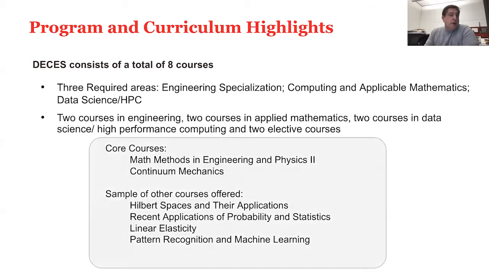So you'll end up taking 2 courses on engineering, 2 courses on applied math, 2 courses on data science / HPC, and then you will select 2 more elective classes. You can use them to beef up any one of the areas you may be interested in.